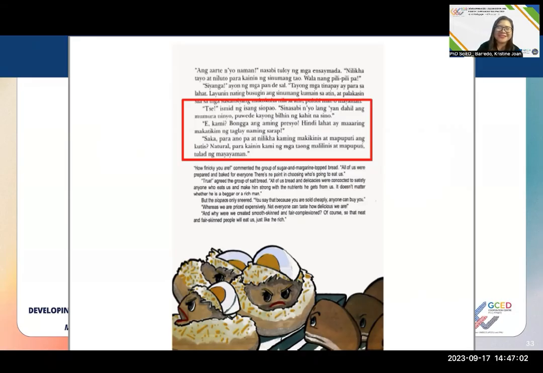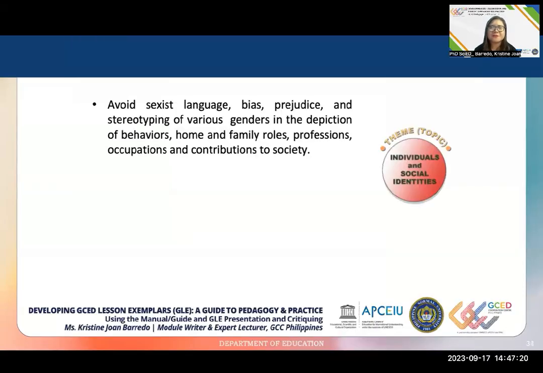So, ayan. So, stereotyping na kapag ikaw ay malinis at maputi ang kutis, ikaw ay mayaman. So, that is a no-no here in creating lesson exemplars, right?